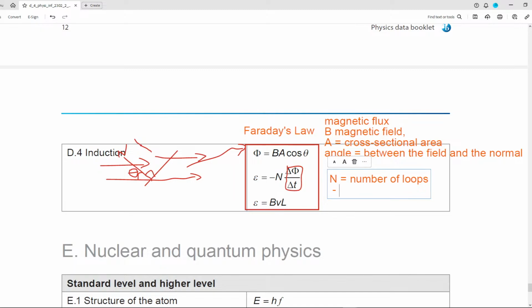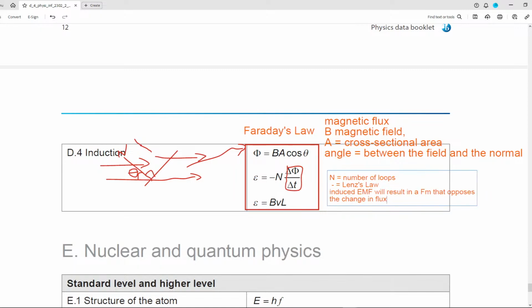The negative indicates that the induced EMF will result in a magnetic force that opposes the change in flux. That's it.